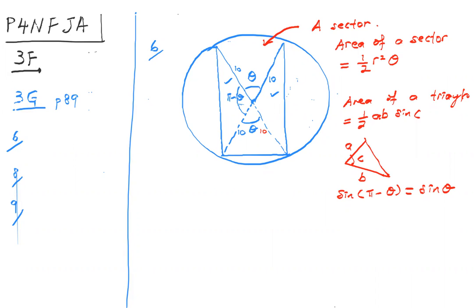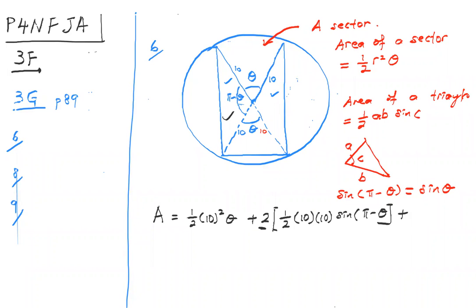So now you should be able to get the formula. So the area will be the area of the sector, plus 2 times the area of this triangle, half ab sin(pi minus theta), correct? Plus another one. Why I put 2? Because there are 2 here.